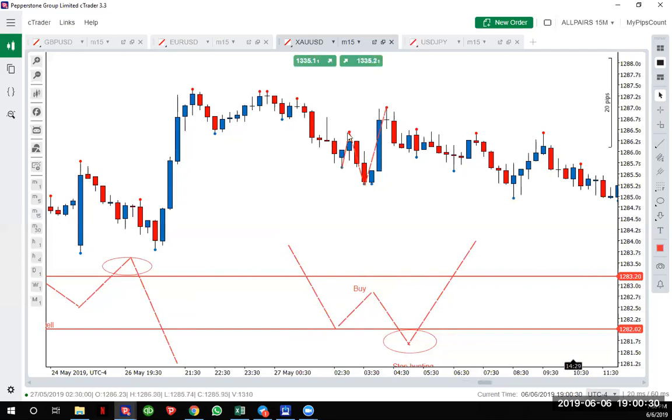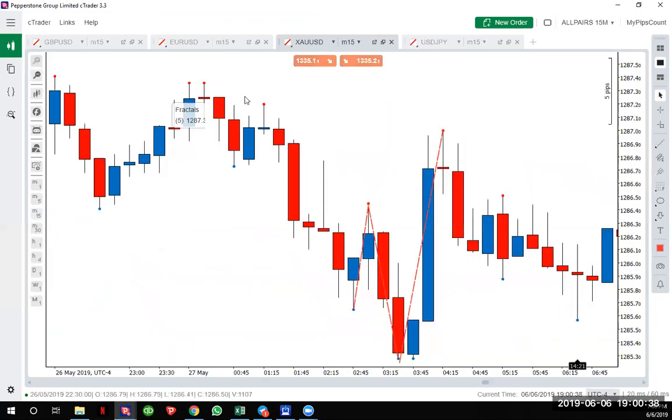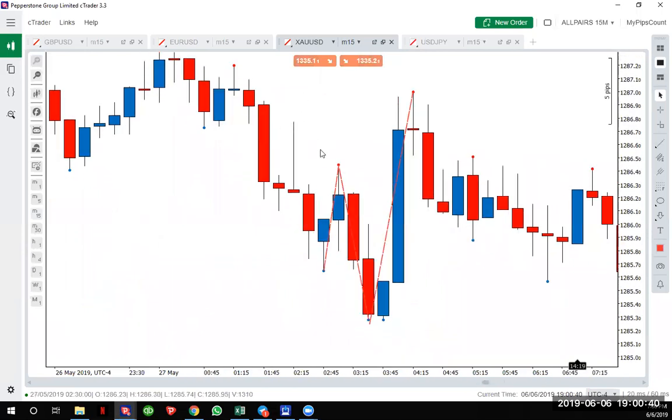Now, what do we do? What I do is I look at the bearish candlestick pattern at the first high. For me, I use two candlesticks to determine a bearish or bullish. So I combine a bullish with a bearish to form a bearish.